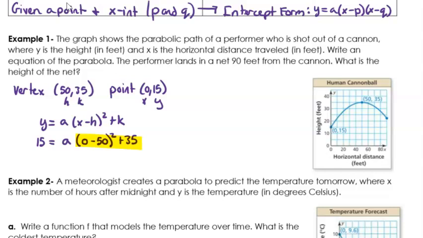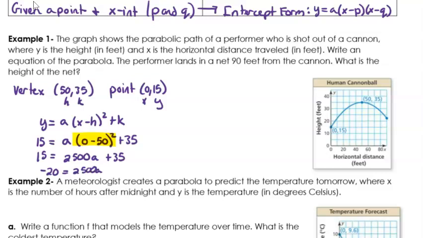The reason why is this section right here, this 0 minus 50 squared, is attached to the a, so you have to type that in first. So when you type in 0 minus 50 in parentheses squared, you get 2,500, and that's times a, then plus 35. Okay, so from there, you're going to subtract the 35 from both sides, so you get negative 20.